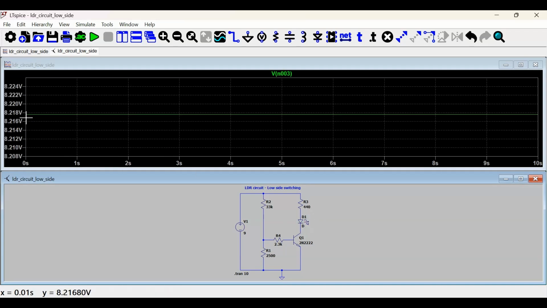So we see that we get around 8.2 volts. So this actually means that the transistor is not switched on. It is turned off presently and the LED doesn't glow.